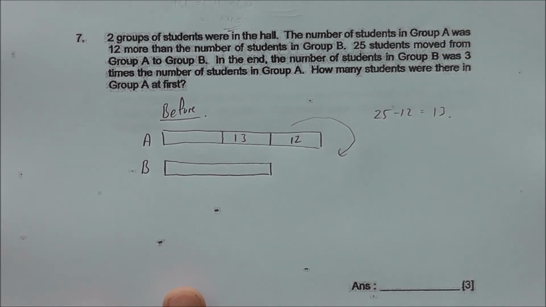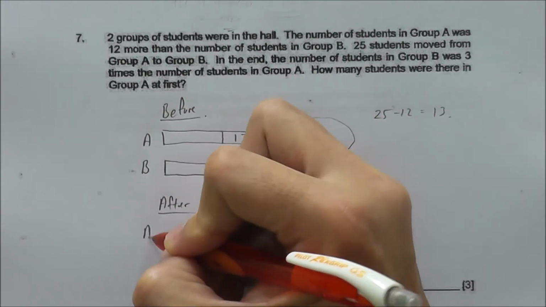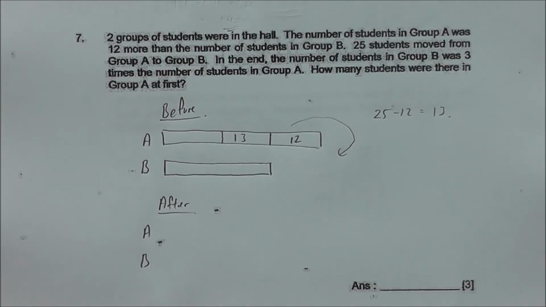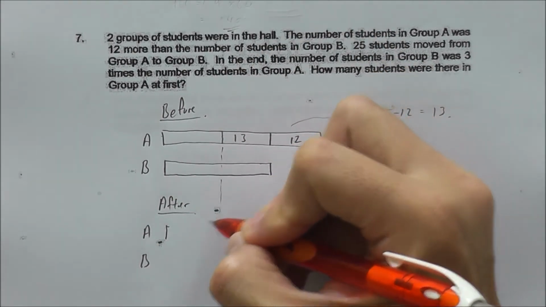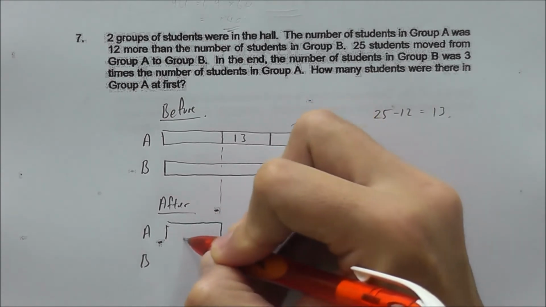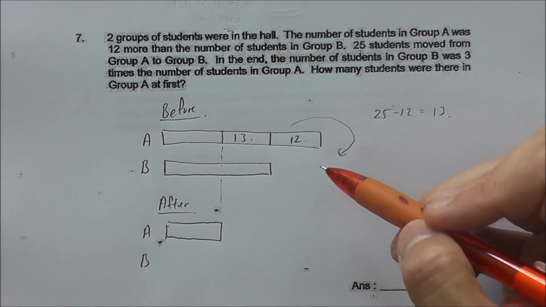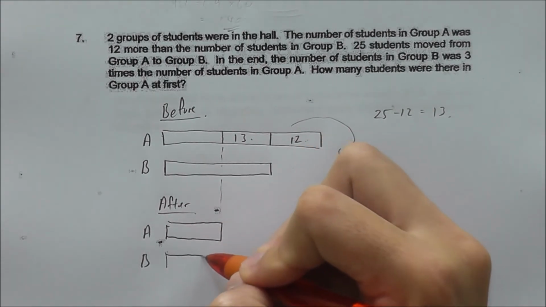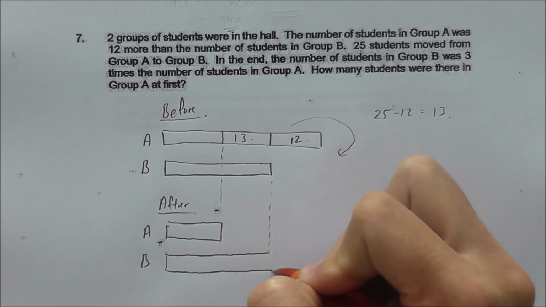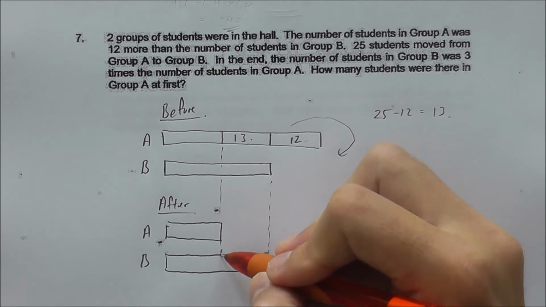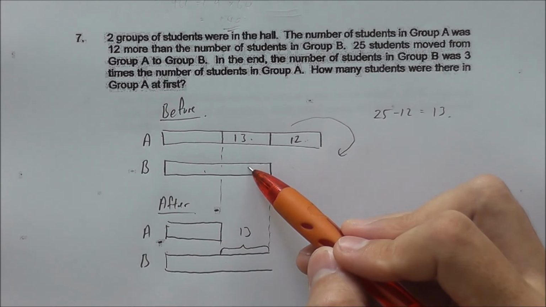Is that okay? So now, after, the model will look like this. This is what A is left with. Because of the 25, that means this 13 plus 12 goes down to B, right? And B initially would have this amount, this 1 unit plus 13 here.